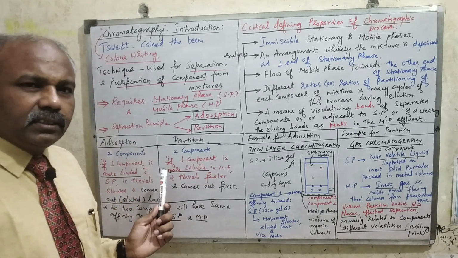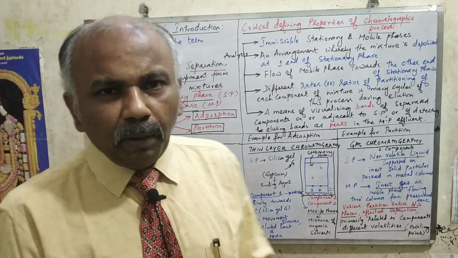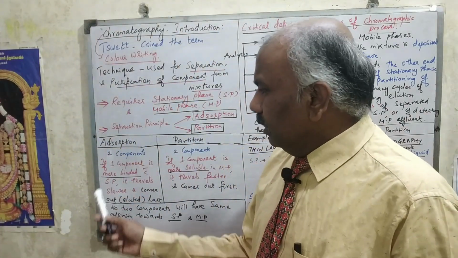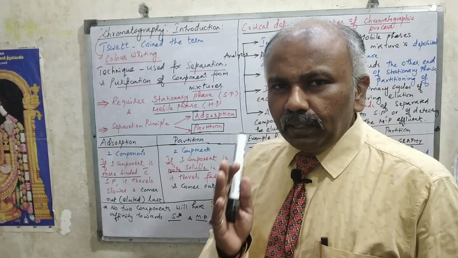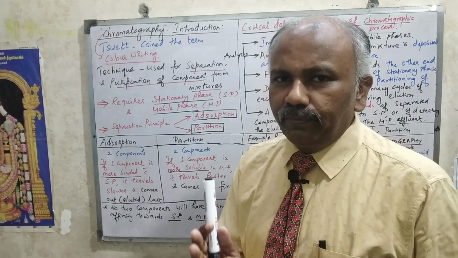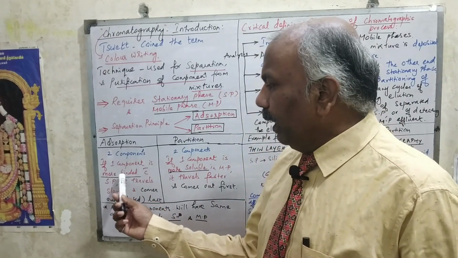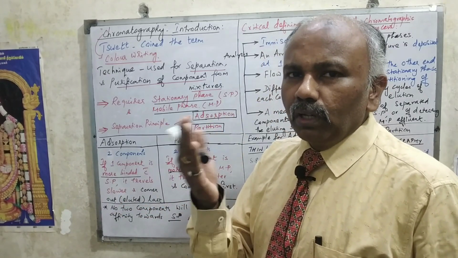Now what is adsorption? What is partition? In adsorption, if I have 2 components, and one component has more affinity or more binding with the stationary phase, it travels slower and comes out last.